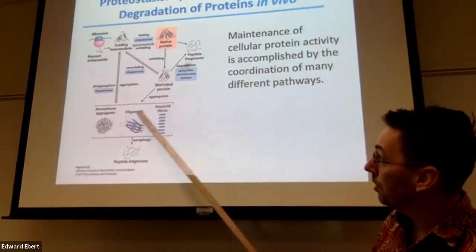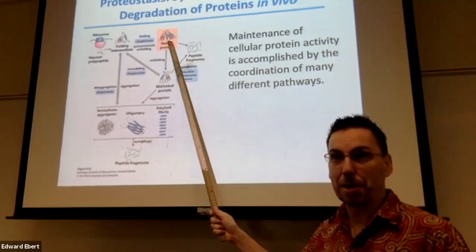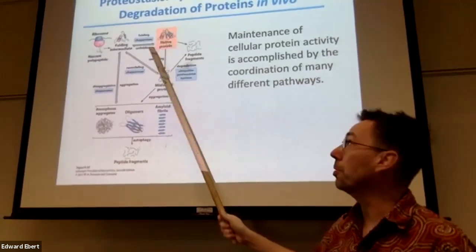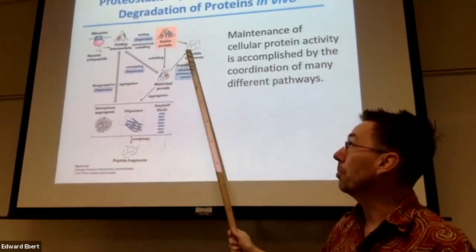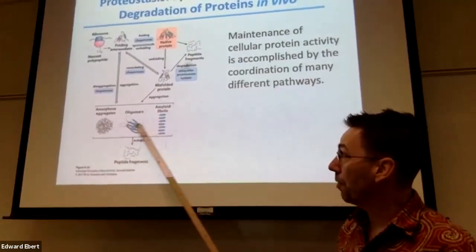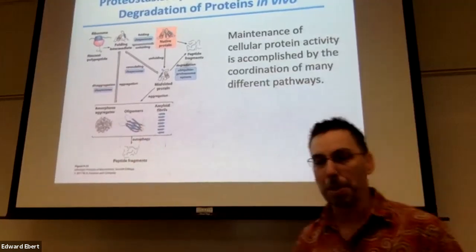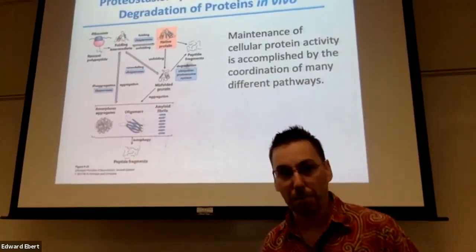All right. But we get our native protein here. Eventually, all proteins have a lifespan. Even if they're correctly folded, they'll be tagged with ubiquitin and destroyed as well. A lot of times, our misfolded proteins that aggregate will also be attacked and chopped up into small pieces too.